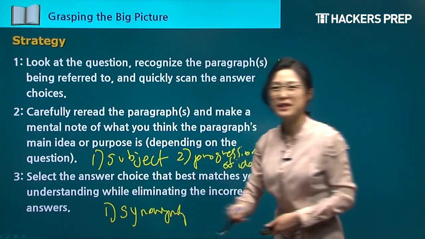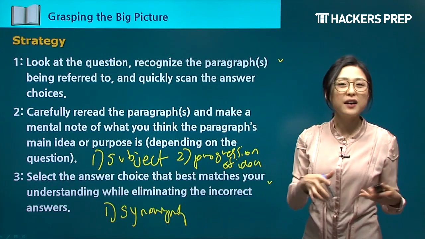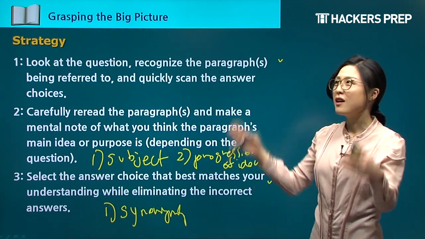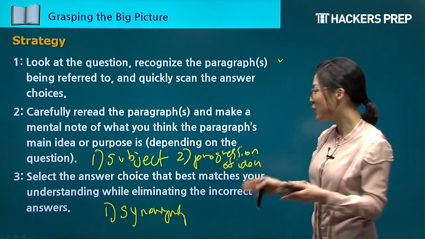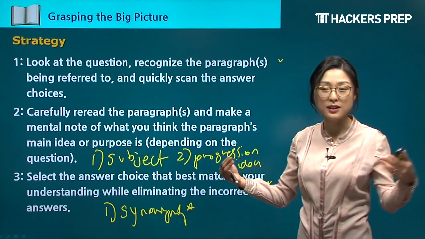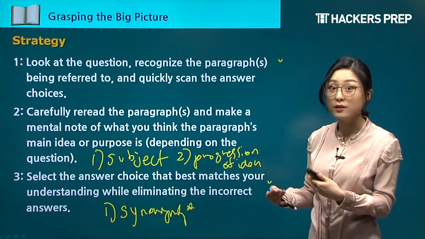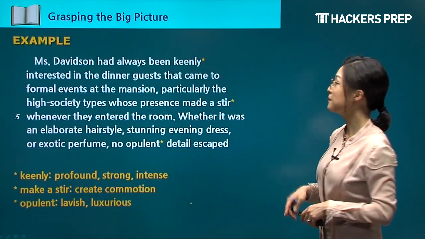You will see a correct answer choice actually be described in the synonym of the contents of that paragraph, right? So in this case, you do want to pay attention to the synonyms that together create meaning here, right? Okay, so let's try applying this strategy.